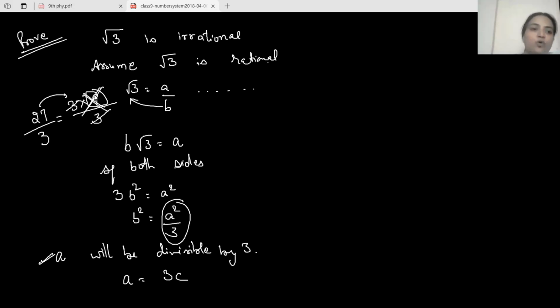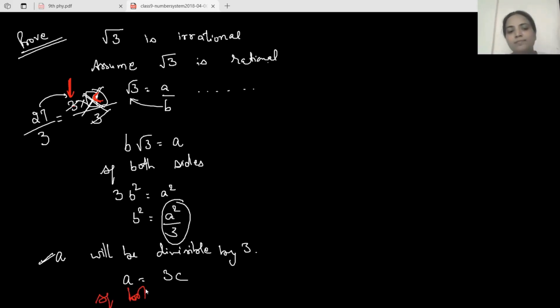I have taken that to be c. I am interested in this 3. Since 27 is divisible by 3, it can be represented as 3 into something. And that 3 into something is 3 into c. Right or not, bache?